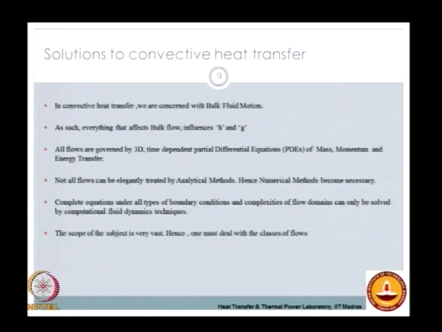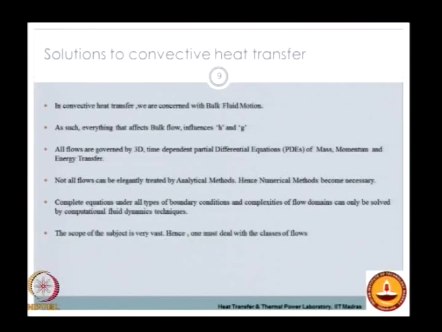Now in order to derive relations for finding the heat transfer and mass transfer coefficients as a function of the flow properties, we have to look at the complete solution of partial differential equations governing the mass, momentum and energy transfer.